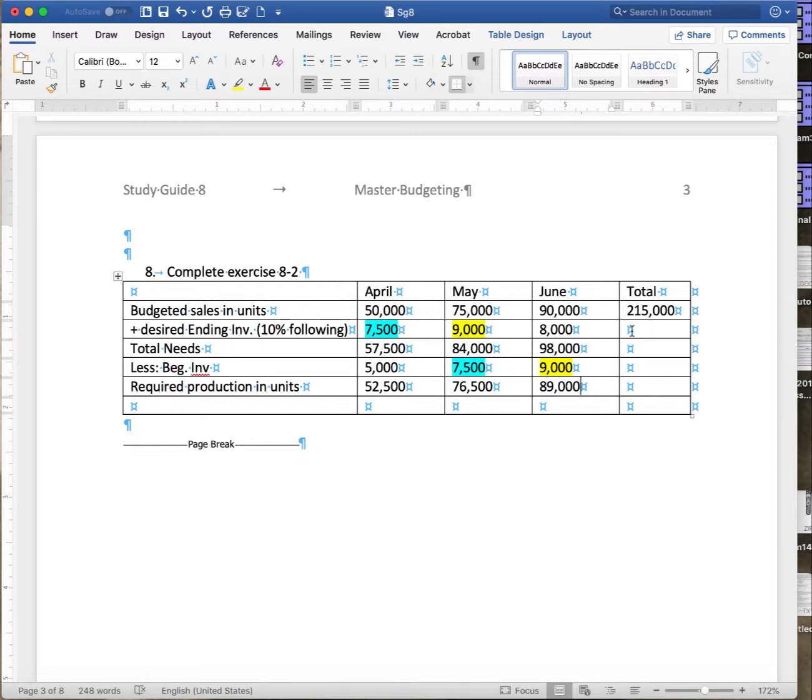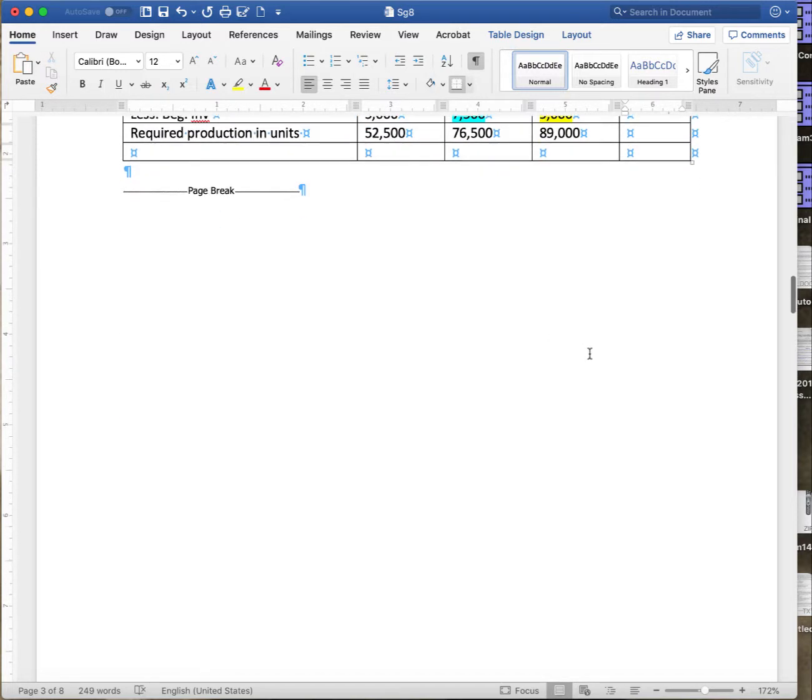Now, I have to add up all my totals. Budgeted sales in units, I'm going to add up this row and I get 215,000. Desired ending inventory, okay? We do not add up these rows because we know what the desired ending inventory is. It's not a culmination of 7,500, 9,000, and 8,000. It's 8,000 units. That's my desired ending inventory.